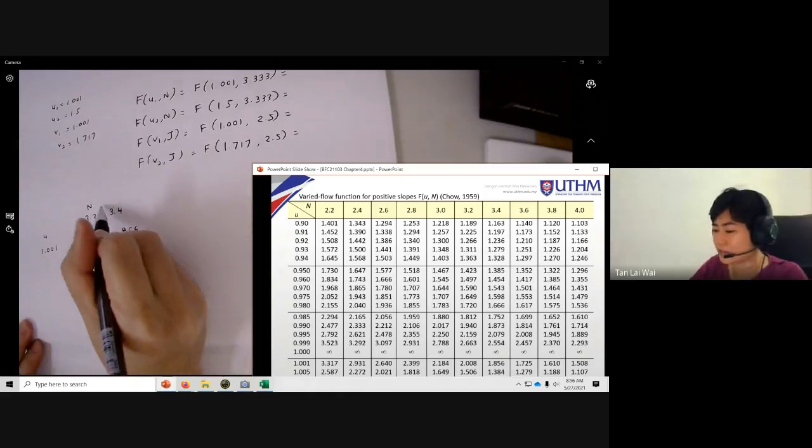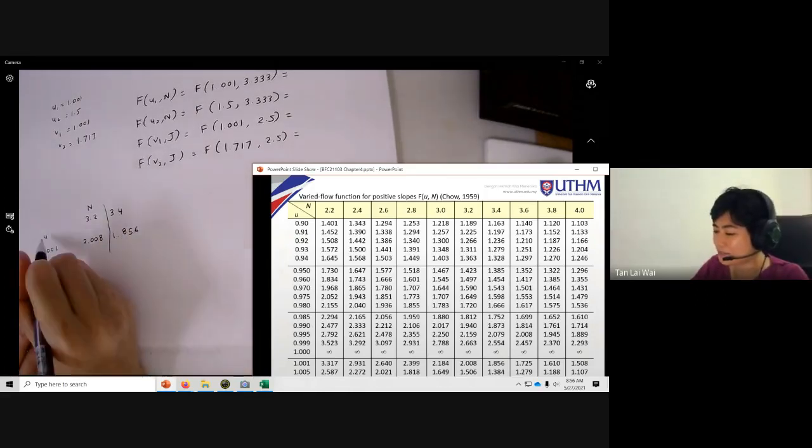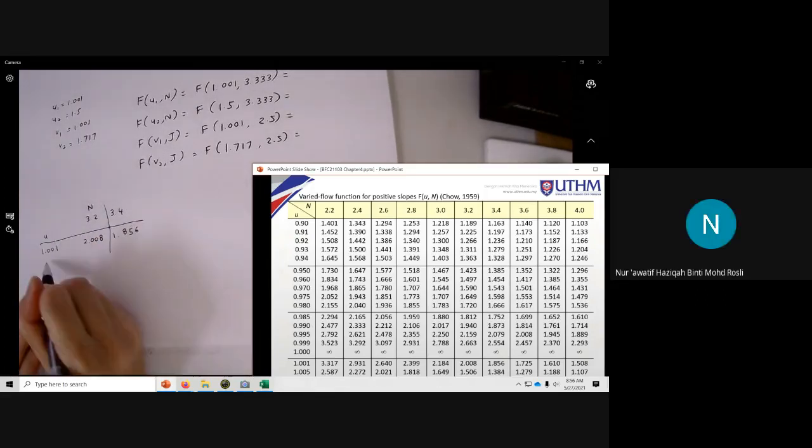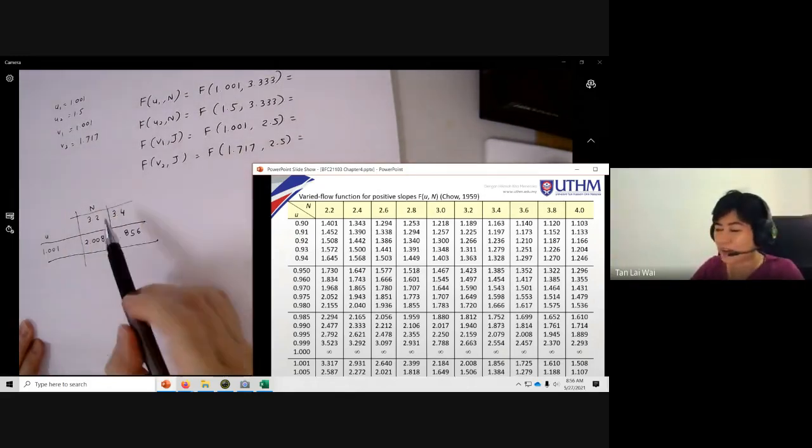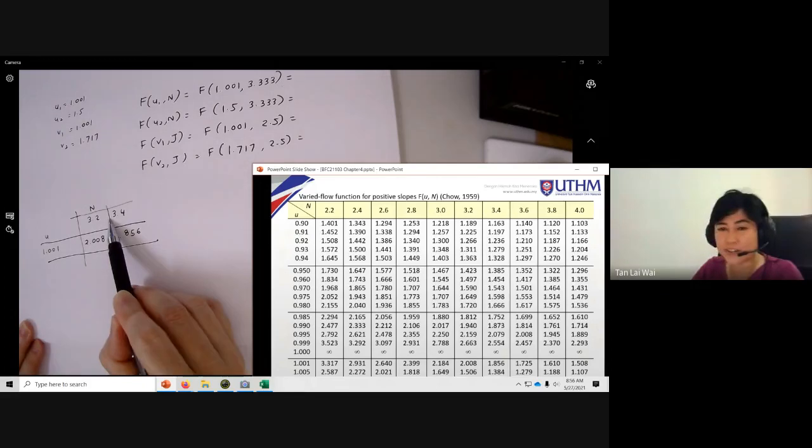Agree or not, guys? Yes, clear? But you need to find when N is 3.33.